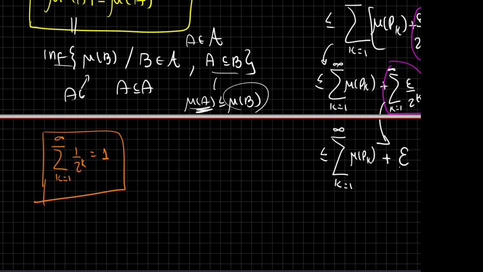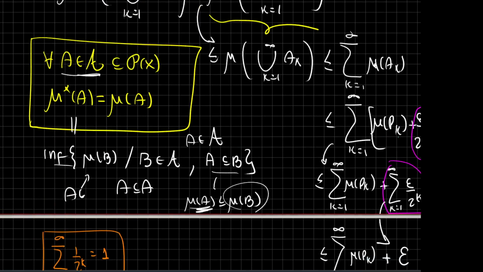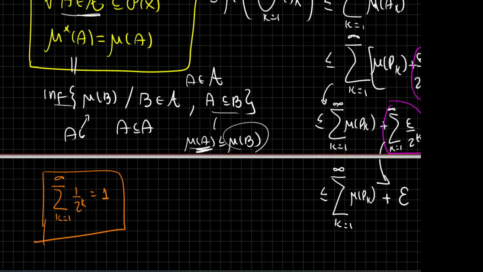We are not assuming that this series here converges. It's not necessary. If it diverges, then it diverges to plus infinity, and we are still allowed to do this separation because it will still be plus infinity, since we are working with positive terms.